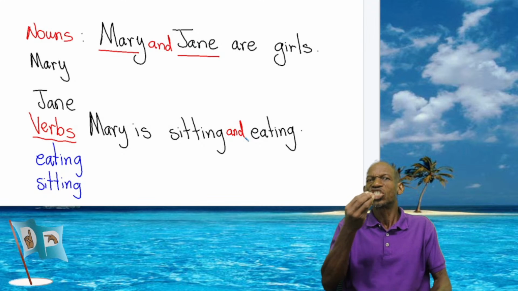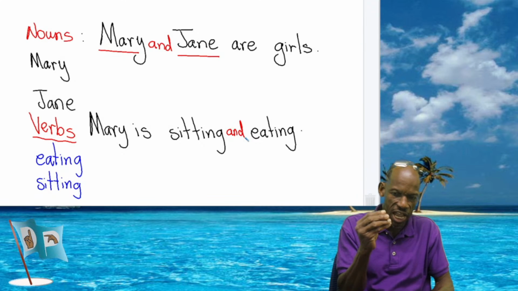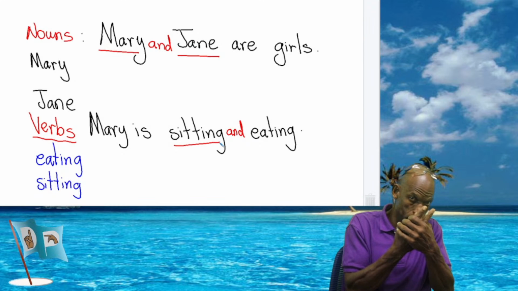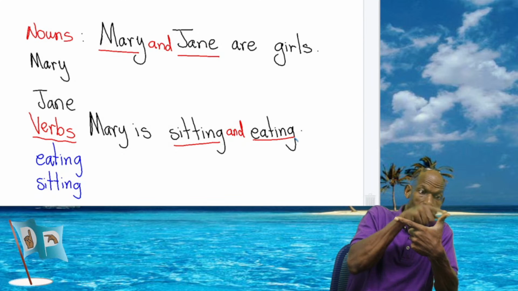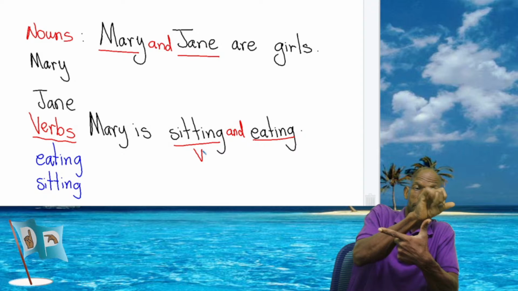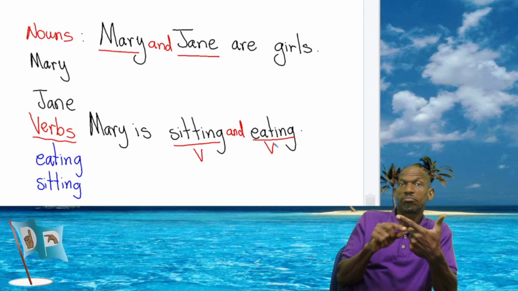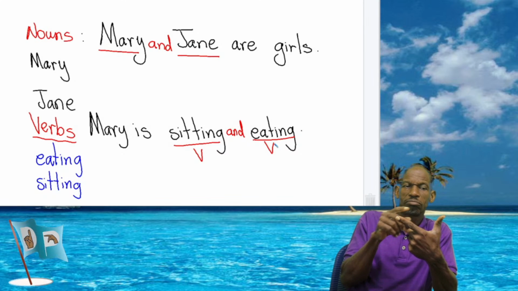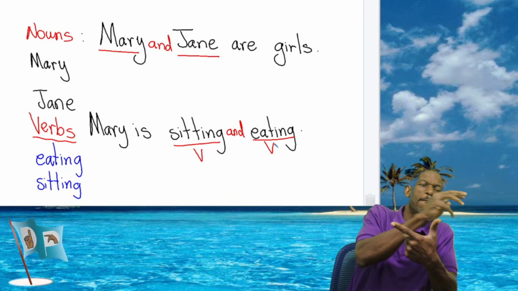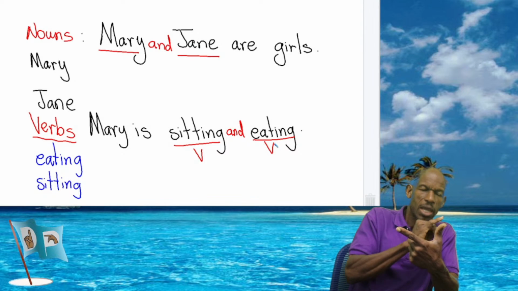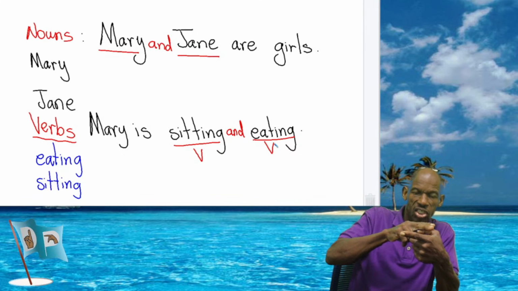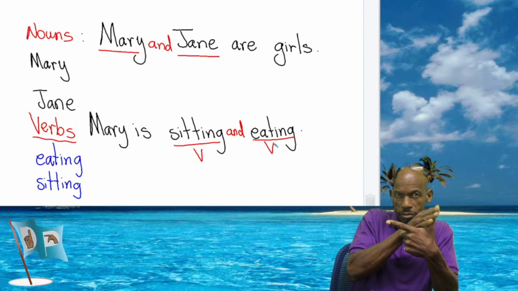I am joining them; both sitting and eating are verbs. I put V for verbs, V for verbs for eating. Both of them are verbs. I'm joining the two actions because they are similar, they are verbs.